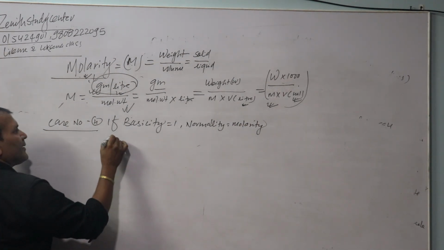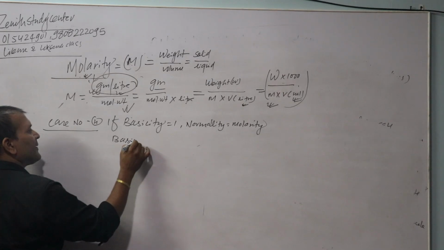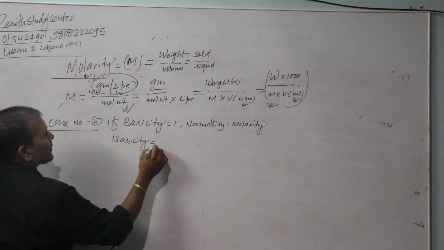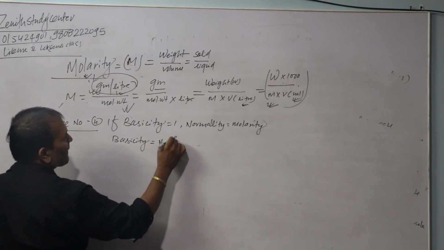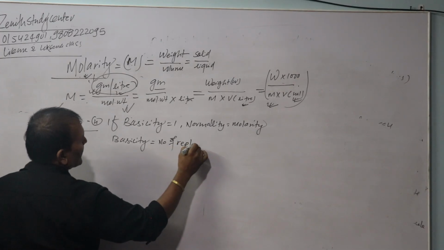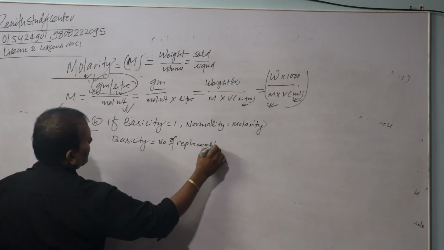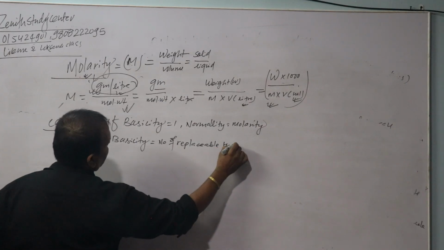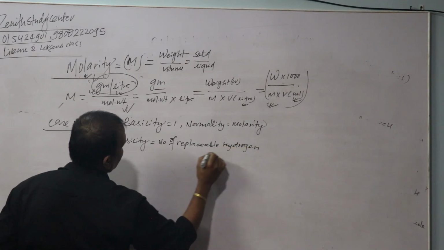So what is the basicity? Basicity is equal to the number of replaceable hydrogen in an acid.